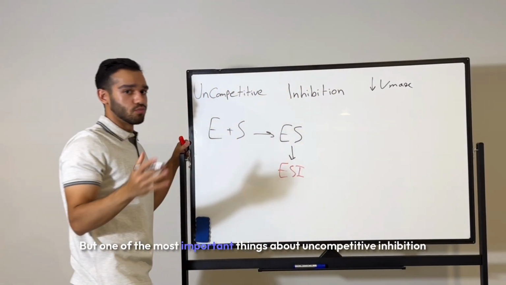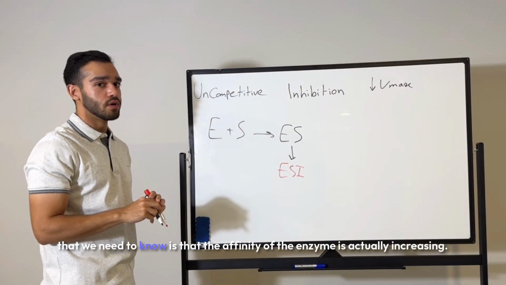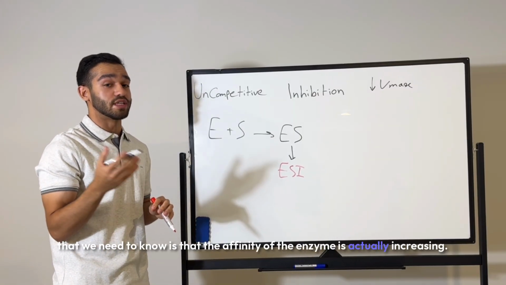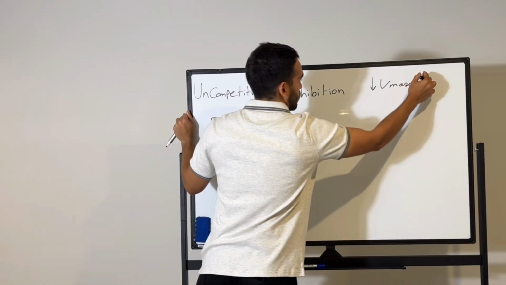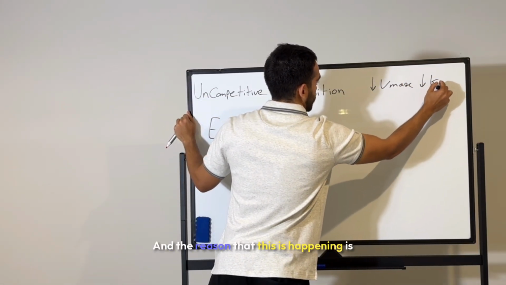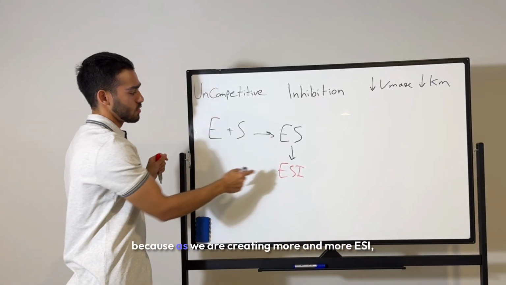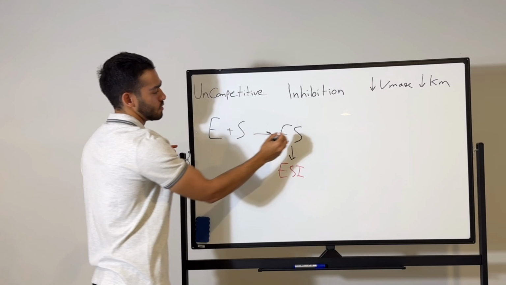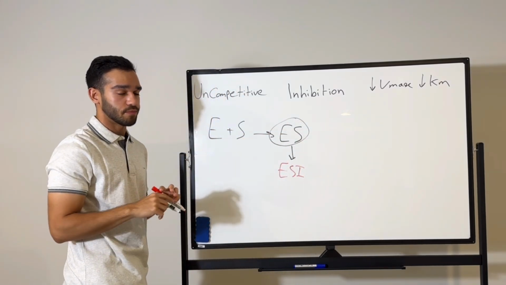But one of the most important things about uncompetitive inhibition that we need to know is that the affinity of the enzyme is actually increasing, lowering the Km. And the reason that this is happening is because as we are creating more and more ESI, the amount of the enzyme substrate complex is decreasing.